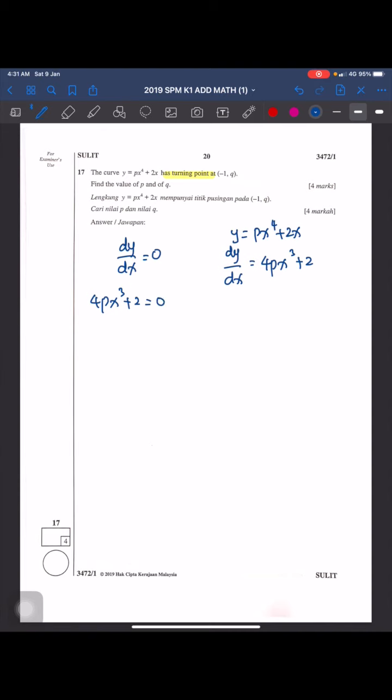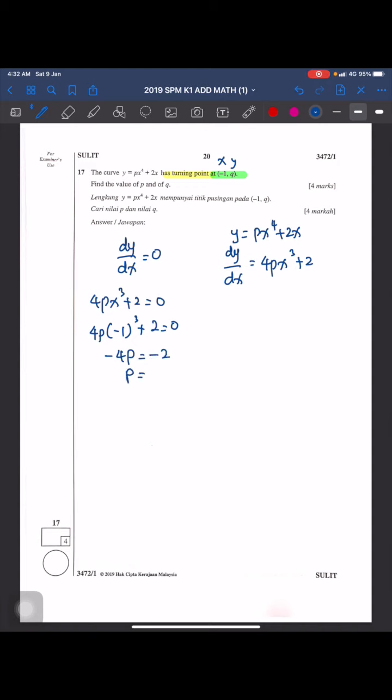Di sini dalam soalan given coordinate negative 1, q, so x, y, we need to substitute that coordinate into equation ni. So 4 times p times negative 1 cube plus 2 equals to 0. Kita akan dapat negative 1 cube negative 1, so negative 4p is equals to negative 2.